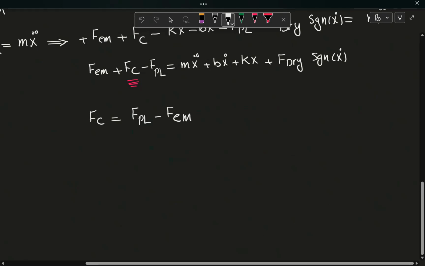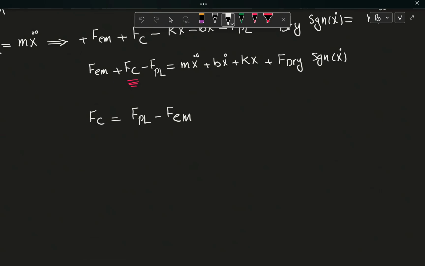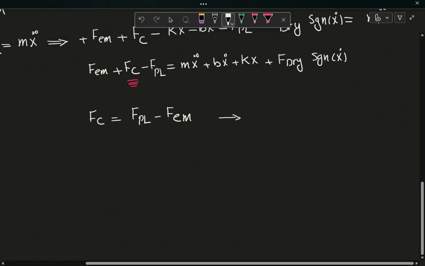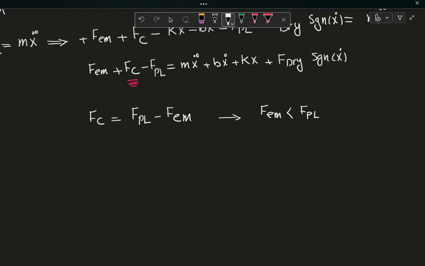Whenever you don't have a motion, that holds. The minute that you have a motion, your FC would be disappearing. When do you have a motion? When your FEM is less than FPL, which means that your electromagnetic force is smaller than the preload, it's not strong enough to overcome the preload and move the plunger to the right.